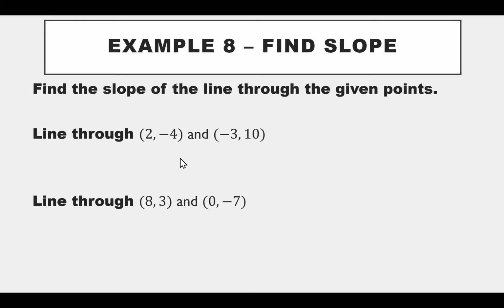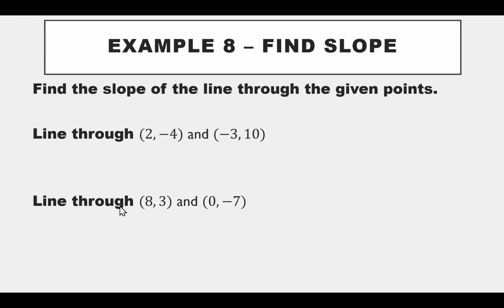Let's do a couple of examples. Let's find the slope of a line through the given points. Let's say that I know there's a line that goes through the point 2, -4, and also goes through the point -3, 10. And there's a line that goes through the point 8, 3, and also the point 0, -7.